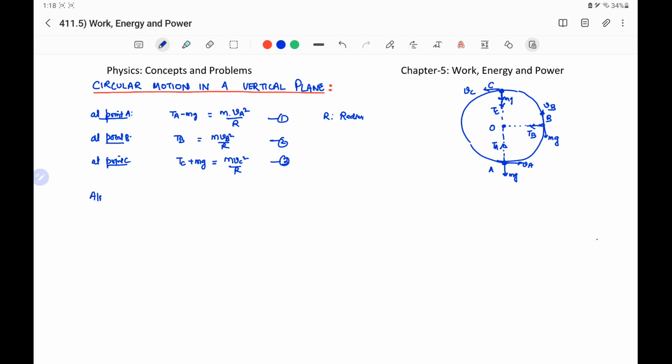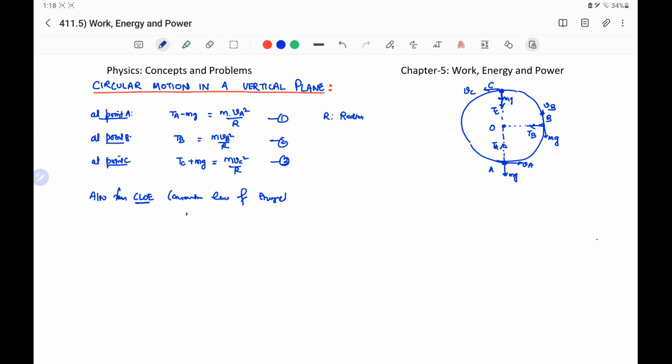Also, from the conservation law of energy, we can write that the energy at any point of the circle will be constant. It will be the sum of the potential energy and the kinetic energy.